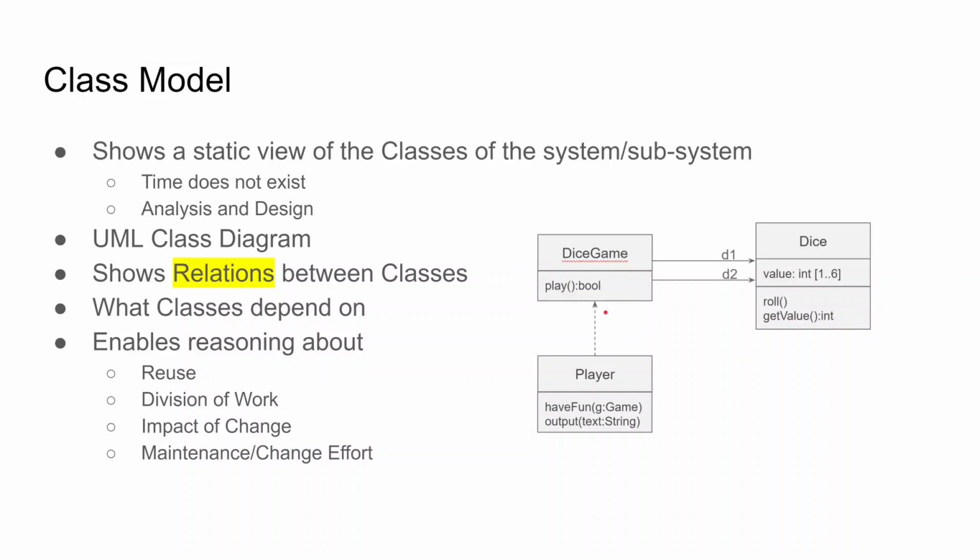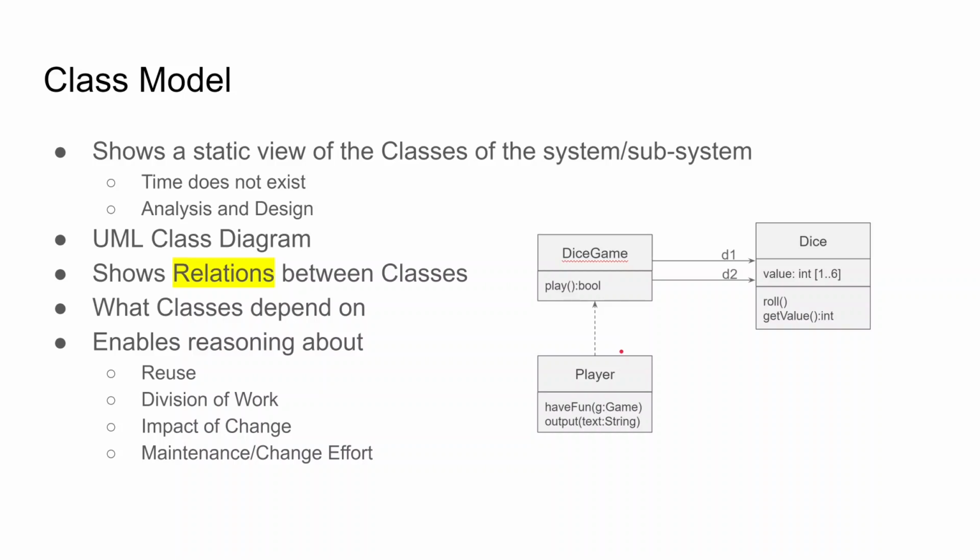And it means that player knows about dice game, but it's not an attribute of the player. So it's not an association. Basically, it's this argument here that makes the dependency. And consequently, player knows about dice game, but dice game does not know about player, and hence it's this directional relationship.